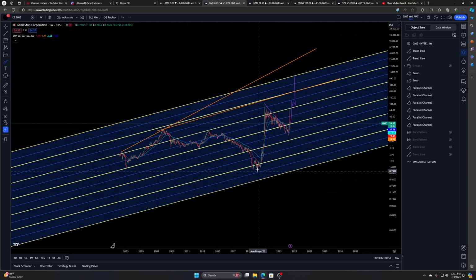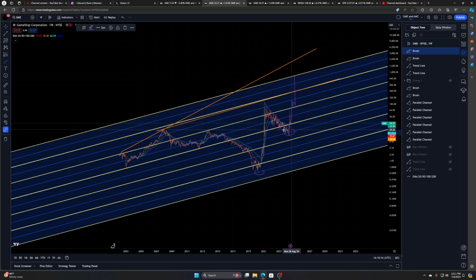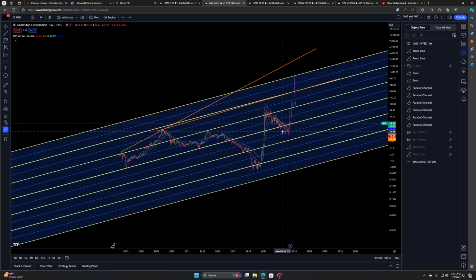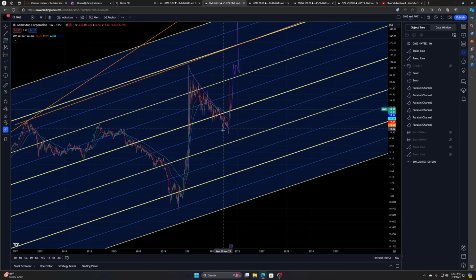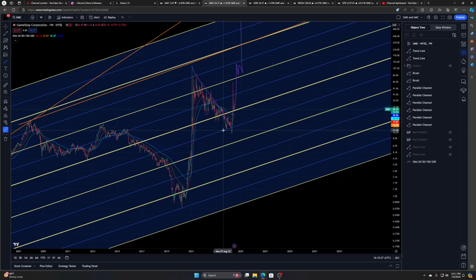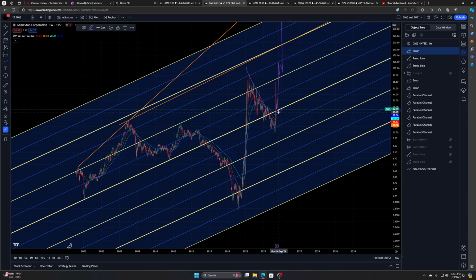But it's 100% possible. As you can see, we tend to be using these midlines in these parallel channels as support. So I think what happened is we found support at this midline here, and you can see how accurate that is, but we're finding support at the bottom of this channel.